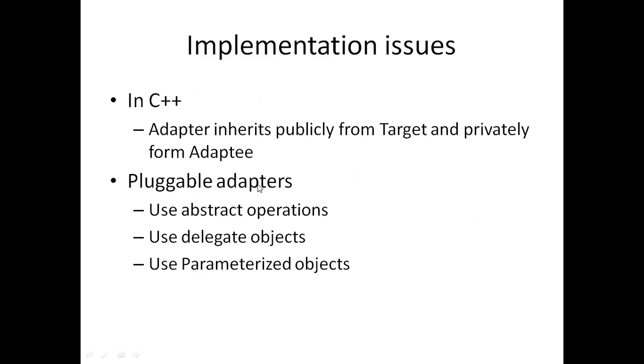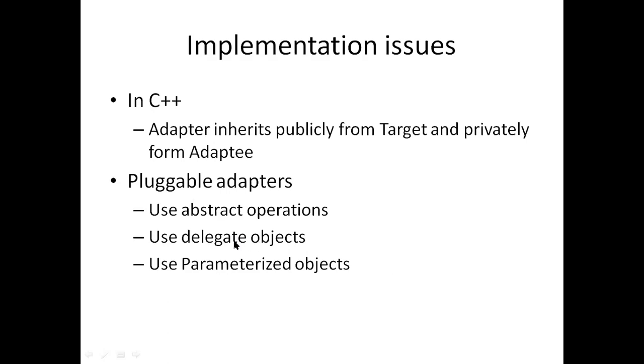In the implementation of class adapter in C++, multiple inheritance can be used in such a way that the adapter inherits publicly from the target and privately from the adoptee. And for pluggable adapters, that means whenever we have many changes, whenever we have many adoptees as well as adapters, we can use abstract operations and delegation of objects.